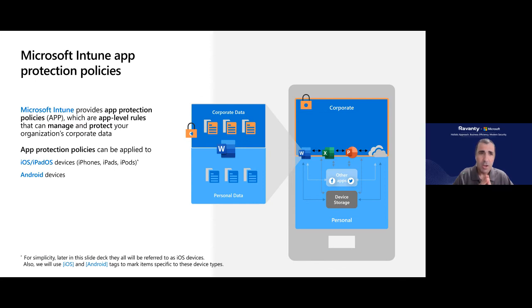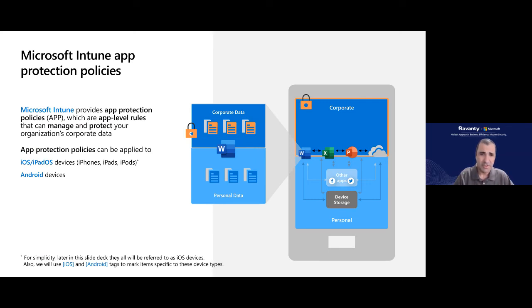This allows you, on both managed and unmanaged machines, to containerize and control your corporate data on that device. Once you have that control, if there is a breach, or if the user leaves the organization, or if there's an issue, you're able to wipe the company data off that machine without necessarily wiping the device.